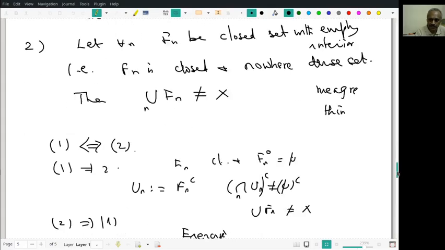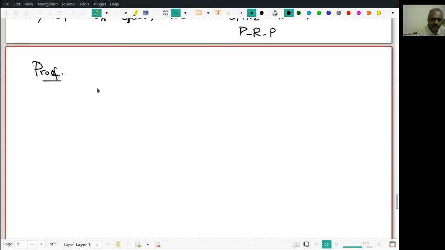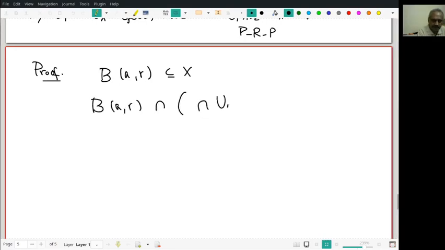In particular, since V is open, it's enough if I prove that, given any ball B(a, r) in X, B(a, r) intersected with the intersection of the U's is not empty. So that means any open ball intersects this set.